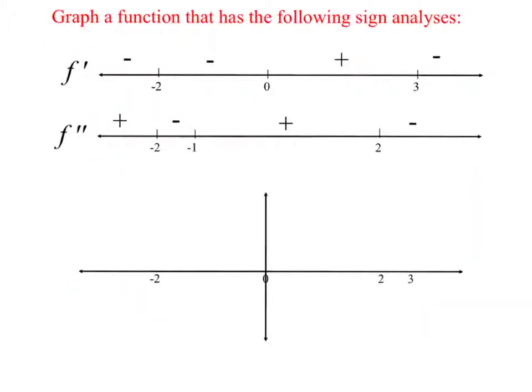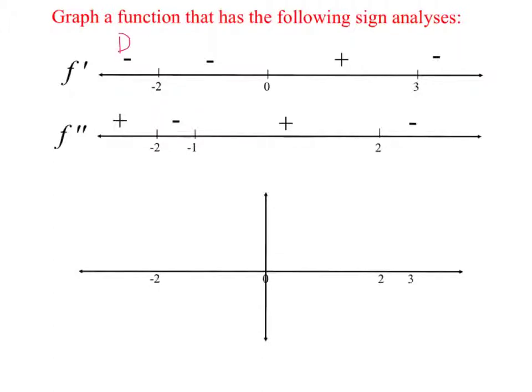So how can we use that to actually put together a function graph? Well, let me show you. I'm going to start by just analyzing the first derivative. In each interval, I'm going to write down what I know. So the first interval, the derivative is negative, so the function is decreasing.